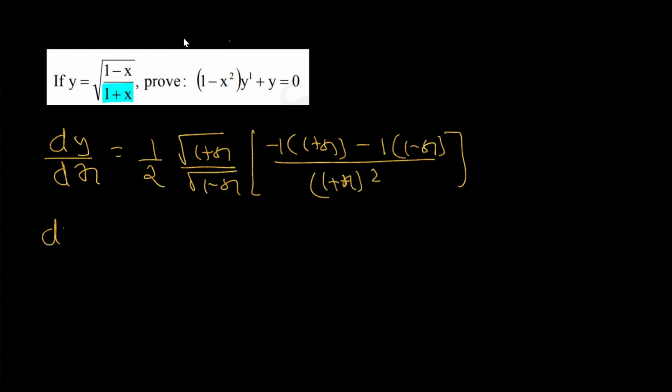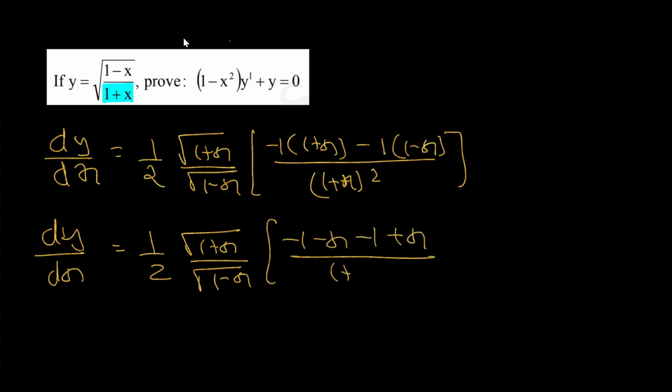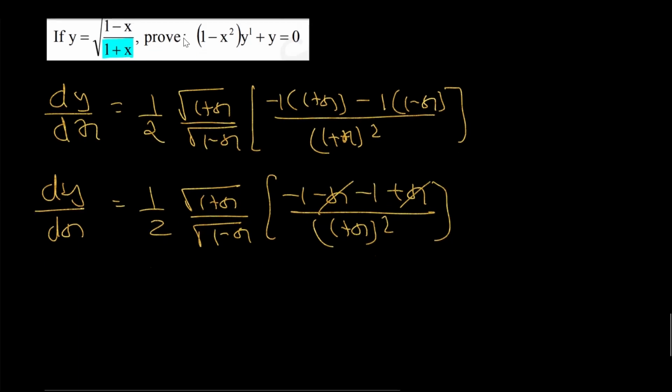So let's simplify it further. We have dy by dx is equal to half under root 1 plus x over under root 1 minus x. This can be simplified further. I can say this is minus 1 minus x minus 1 plus x, that whole divided by 1 plus x whole square. Here minus x plus x get cancelled.